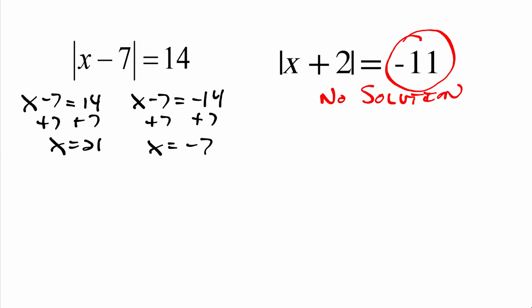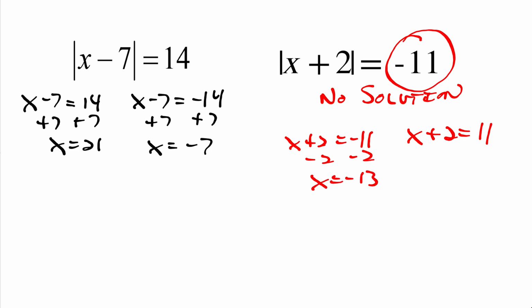Now let's say, for example, what if you did this? The absolute value equals 11, and you tried to solve this. So you get negative 13 and you got 9. Well, watch me check this.